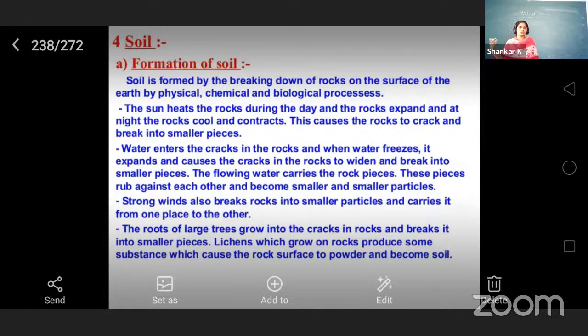While being carried, the rocks rub each other and become pieces. Some tree roots which grow under the rocks also make cracks between the rocks and make them small pieces. So these are some examples of the formation of soil we have discussed.